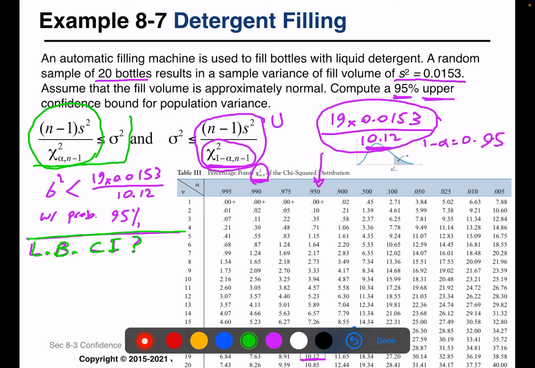The only difference is that now it will still be 19 times 0.0153 divided by, instead of this number, 10.12, here is chi-squared of alpha and n minus 1. Alpha was 0.05, right? So from the table, I look at 0.05 here, and the number that I get is 30.